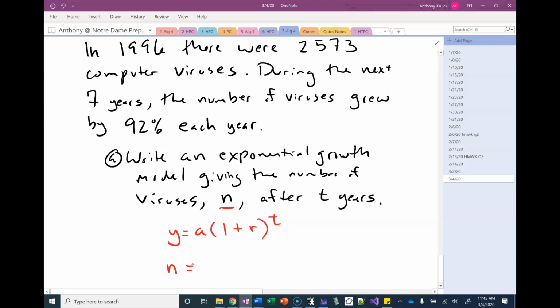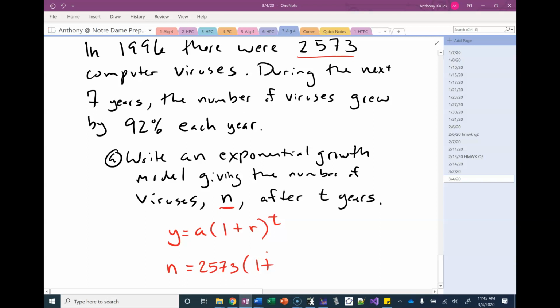What did A represent? The beginning amount. How many viruses did we have in the beginning? 2,573. So I'll replace A with 2,573. And then what was R? The rate of change written as a decimal. So what's the rate of change?